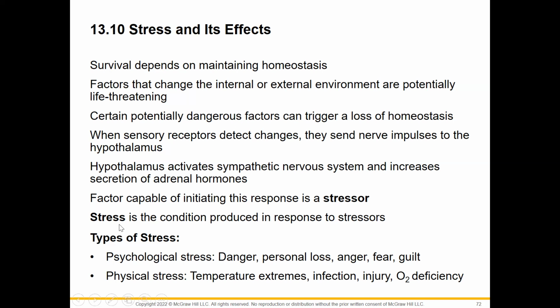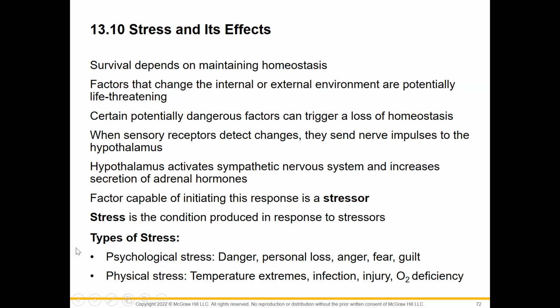Stress is the condition that is produced in response to those stressors. So the stressor is the thing, the test, the bill, the car accident, the Rottweiler, whatever it is. The stressor is going to cause a response in the body, and that response in the body is called stress.